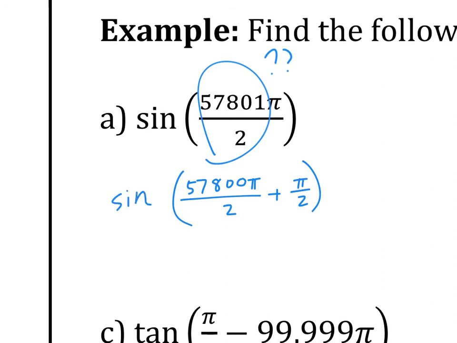Now what? Doesn't that cancel out? Yes, what does that become? It's even, so it cancels out, right? Let's divide first, because an even number divided by an even number doesn't always have to be even. It could be odd. So what is this? 28900.